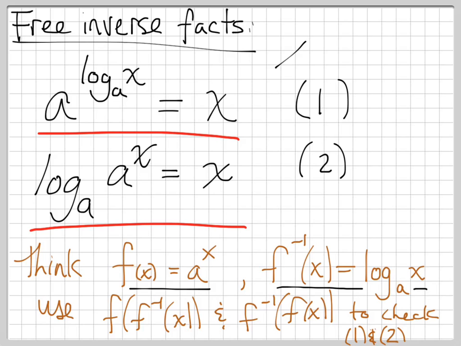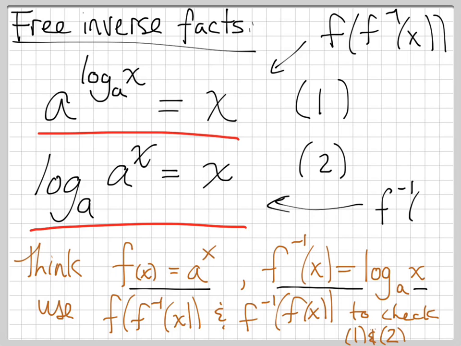Right here is f of f inverse, and down here is f inverse of f. These are pretty neat. These are two things that are just always true, and the reason they're true is because log and the exponential are totally inverses.